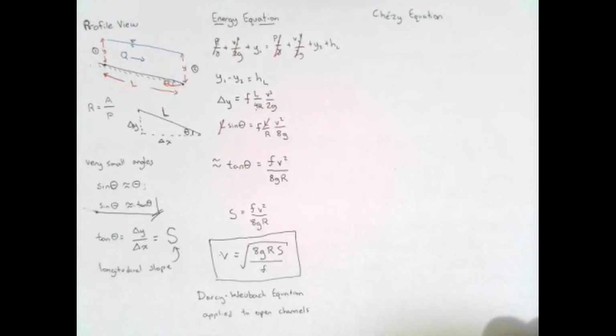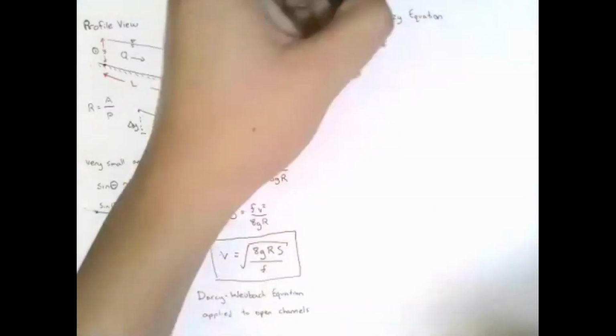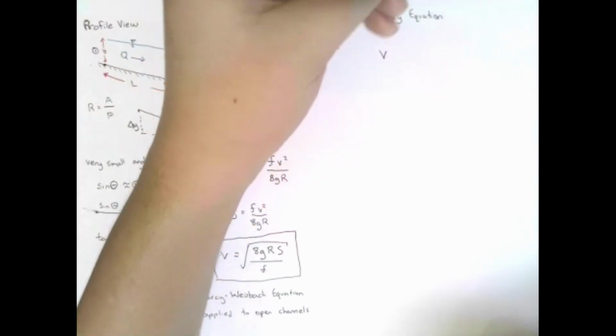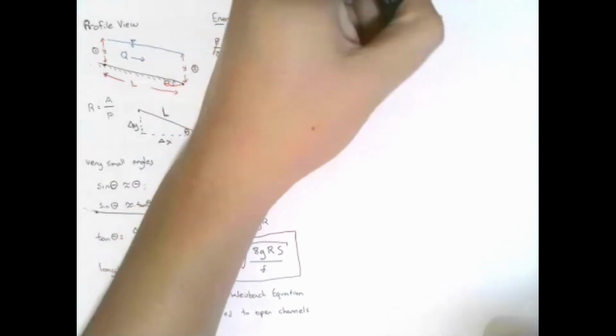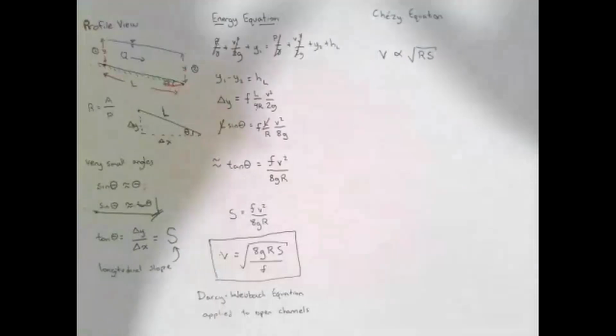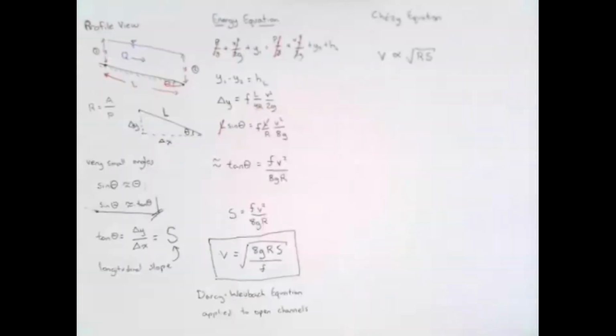So Antoine de Chezy, a French hydraulic engineer, found that the velocity of flow in a channel was proportional to the square root of the hydraulic radius times the longitudinal slope of that channel.